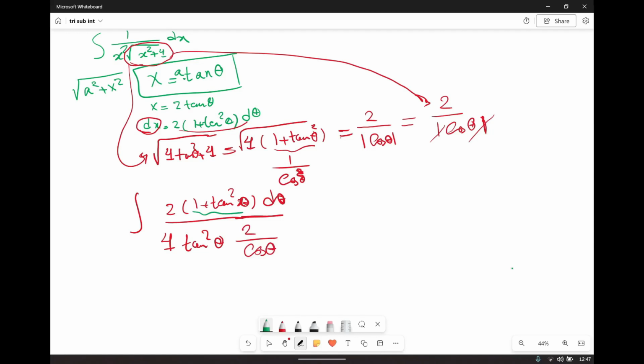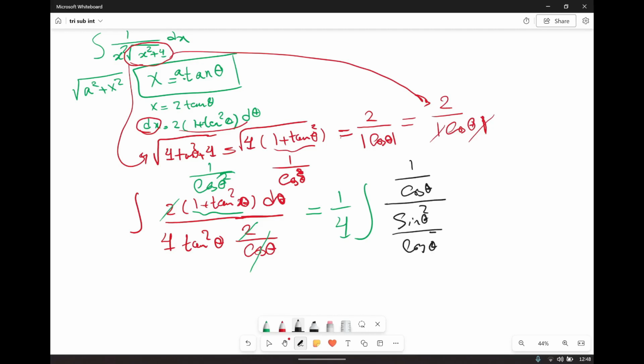But we know 1 plus tangent squared is 1 over cosine squared theta, so this and this cancel, and at the end it is the integral of 1 over 4 times 1 over cosine theta divided by sine squared theta over cosine squared theta.